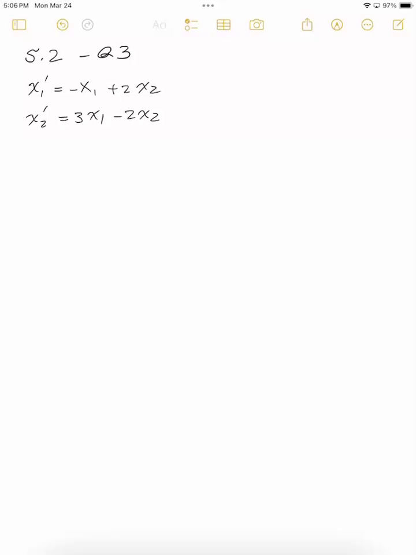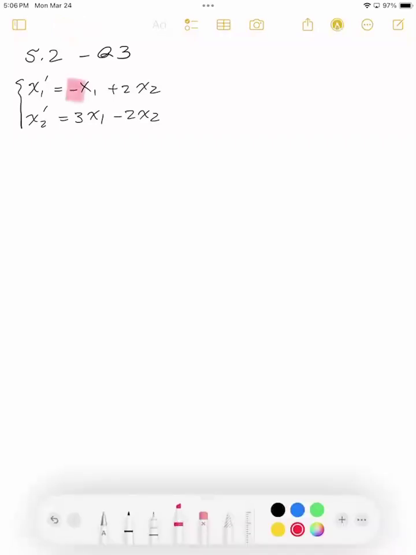So in order for us to find a solution to this system using the eigenvalue method, we are going to create a coefficient matrix, and these are our coefficients. Then we are going to create lambda times I, where I is a 2 by 2 identity matrix.